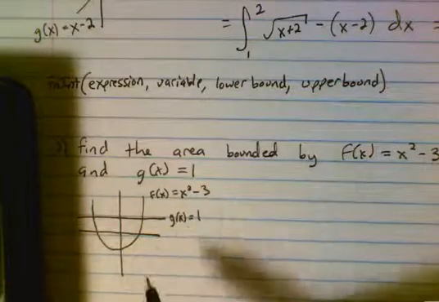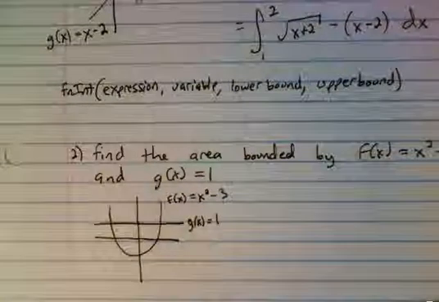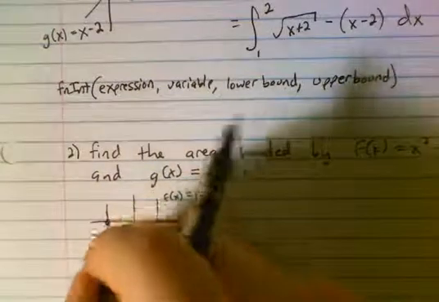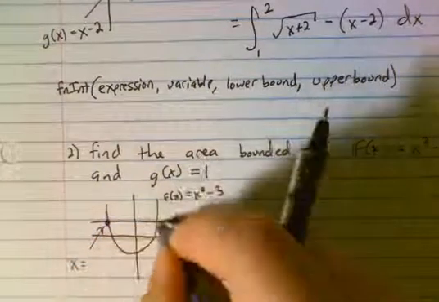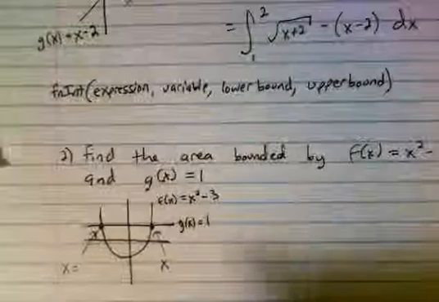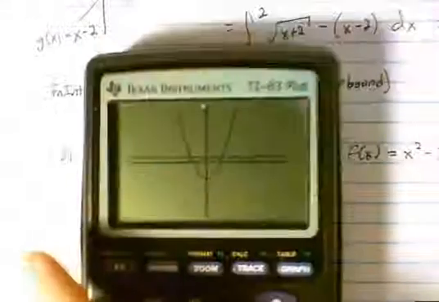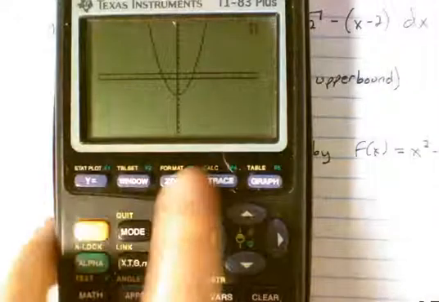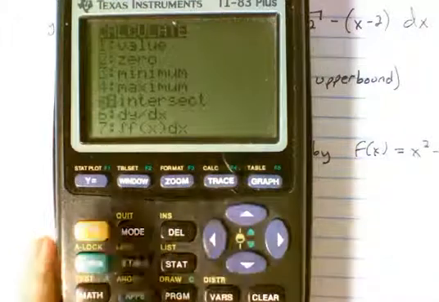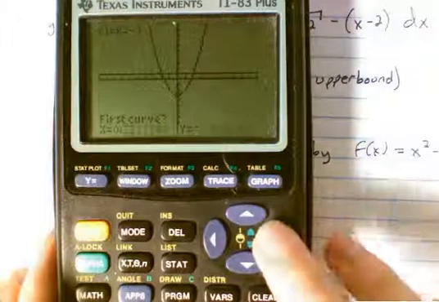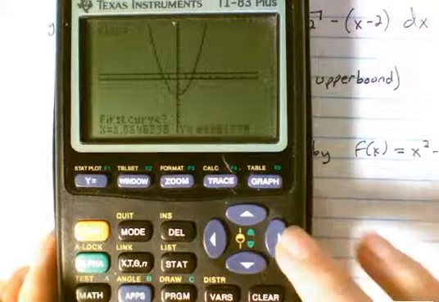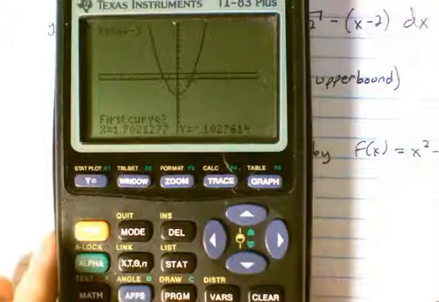And now when we're doing this, notice that we were not given anywhere in the problem what these x values are. So right here, we need to know our starting x, and right here we need to know our ending x. And we can find that just by using the intersection command. So that's second calculate, going down to intersect here. Just like before, we're going to go over where we're somewhere near the curve. Hit enter.